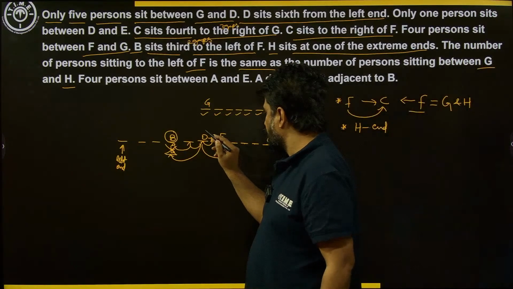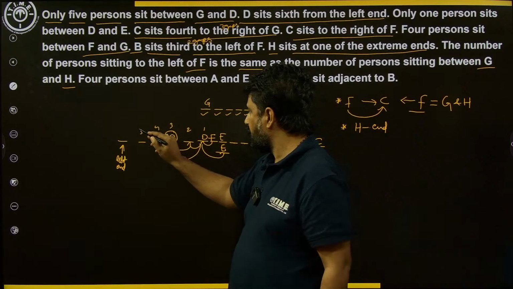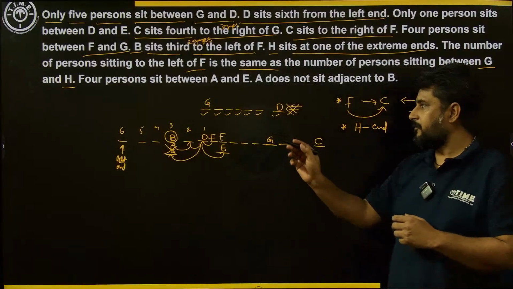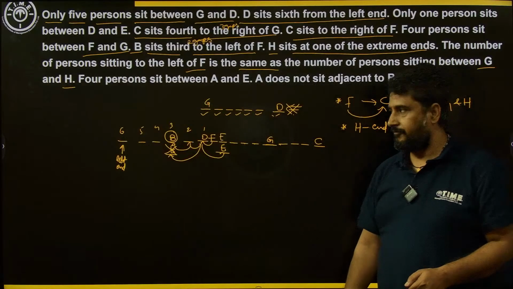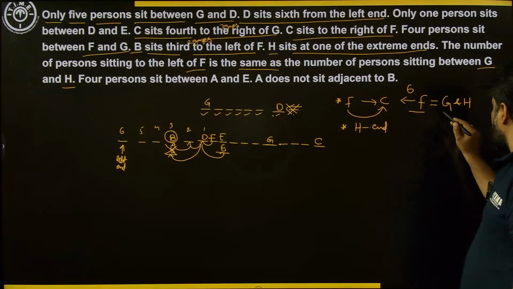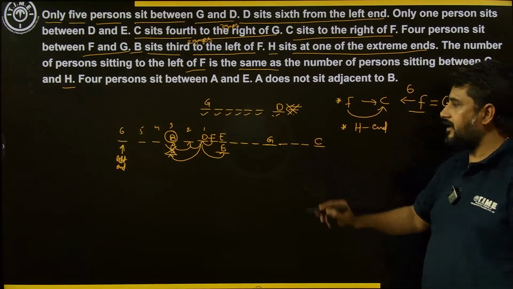F is here. 1, 2, 3, 4, 5, 6 people. Clearly, there are 6 people to the left side of F. Then the number of persons sitting between G and H also will be 6. Now, we have G in the arrangement.